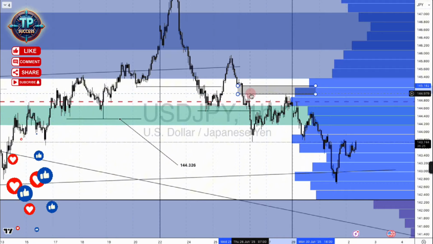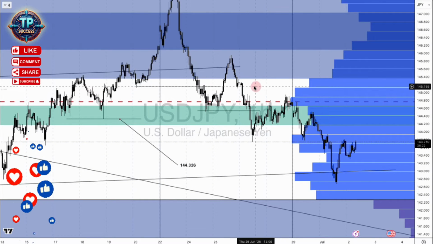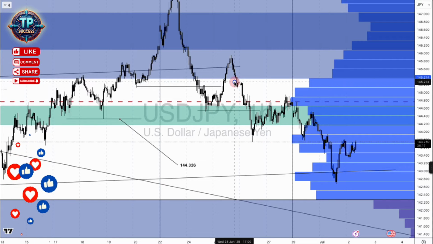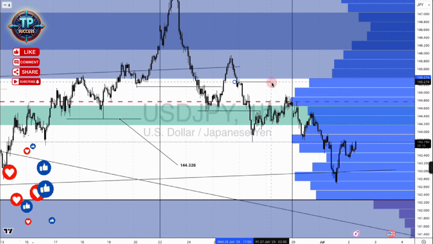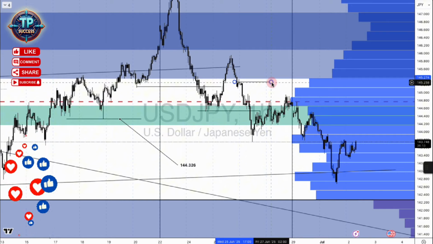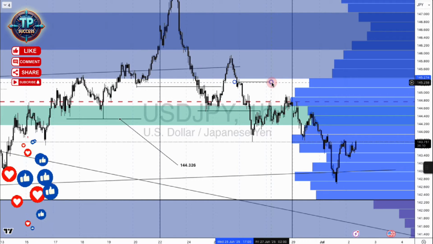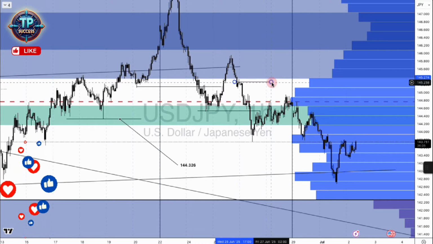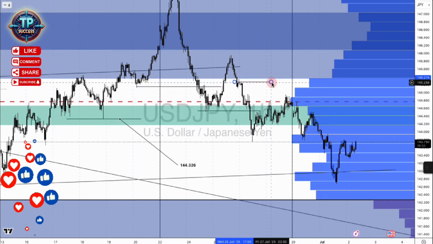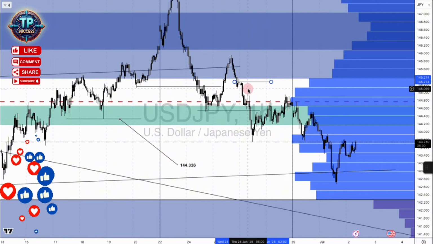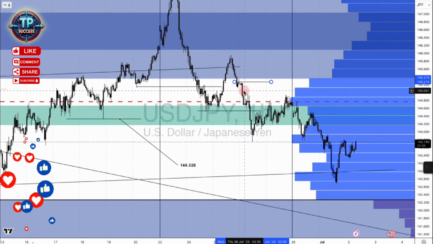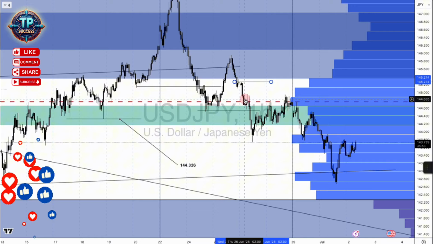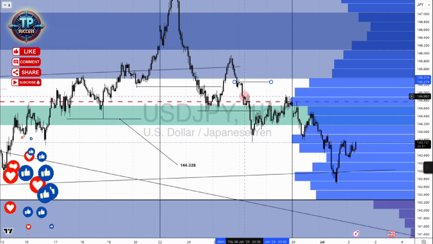So rather than focus on this FVG area, once price left this zone over here, which was the close under the low value node area of 145.258, it was at that point you could have considered taking your sells.